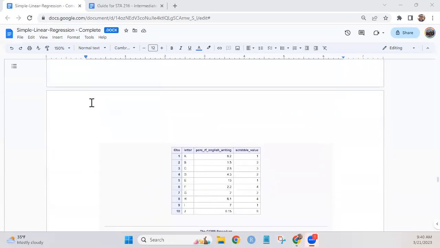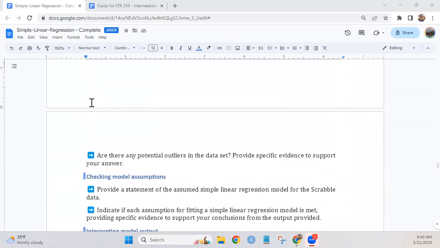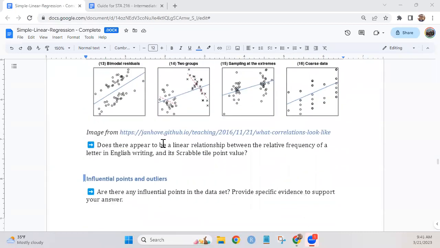So this would violate the linear regression assumptions. No, the relationship appears to be non-linear.